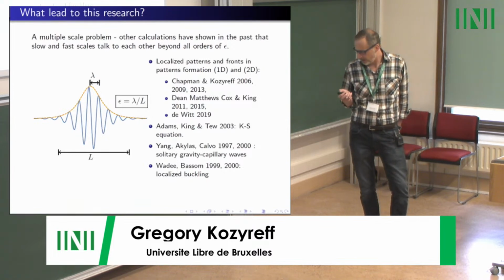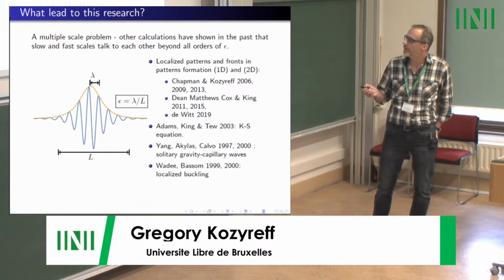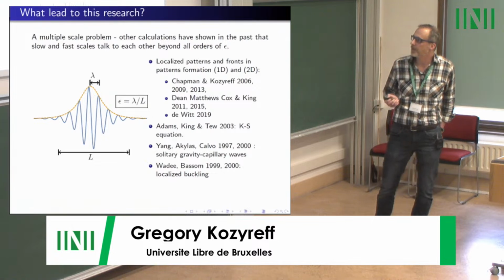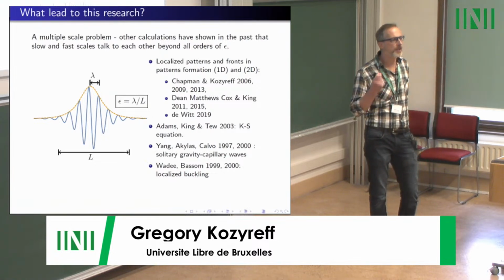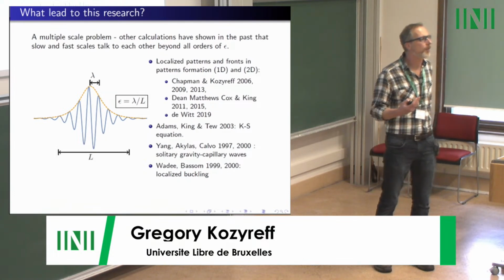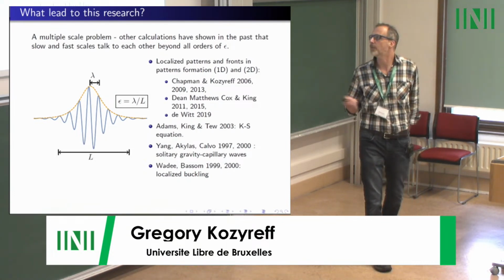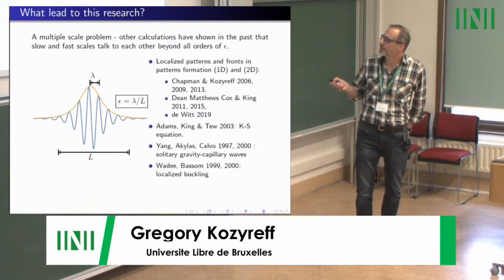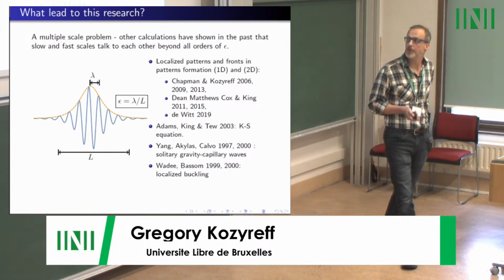Earlier than that, there was already some work done by Yang, Akylas and others. It's a different technique, but it also treats multiple scale problems beyond all orders. And I will return to the work of these 3 people later on.